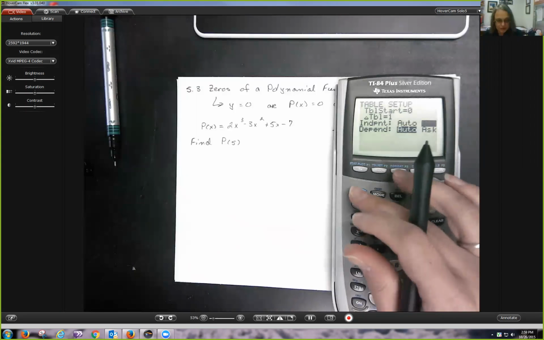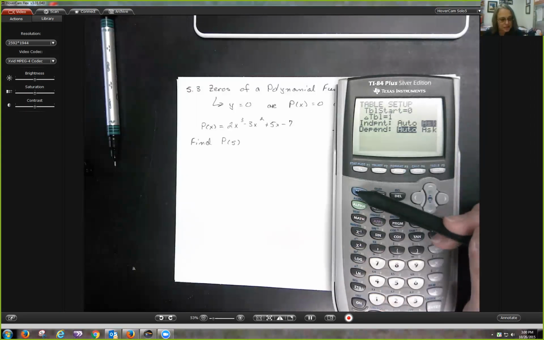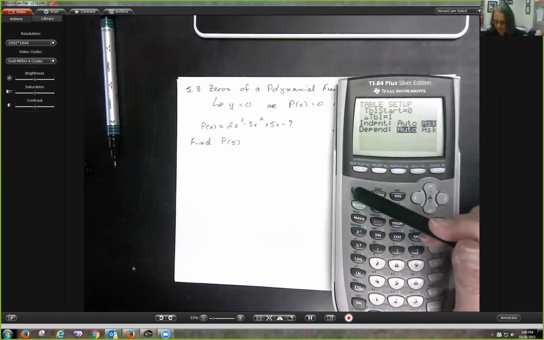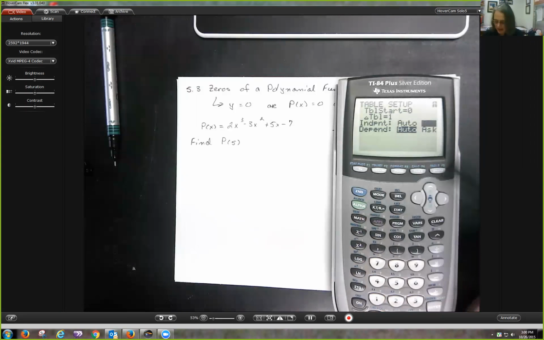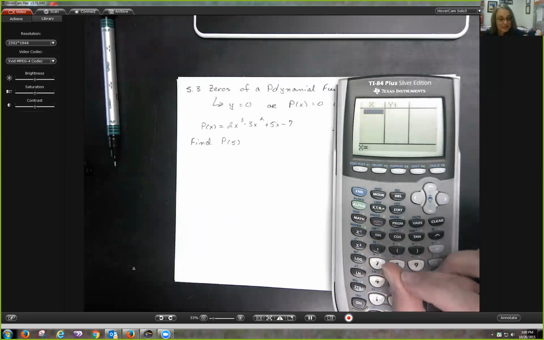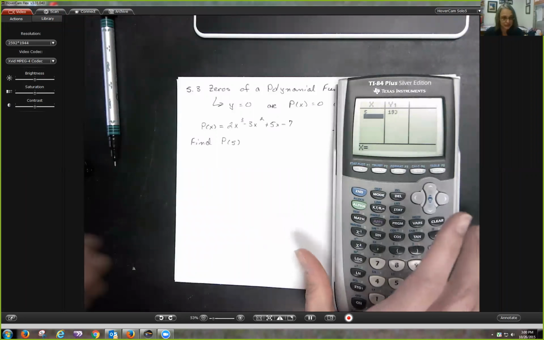Now go back into your table by pushing the second key and the graph key, and your table is going to be empty. Just type in the x value that you want to evaluate the function at, and we get 193. That's one way of finding the functional value.